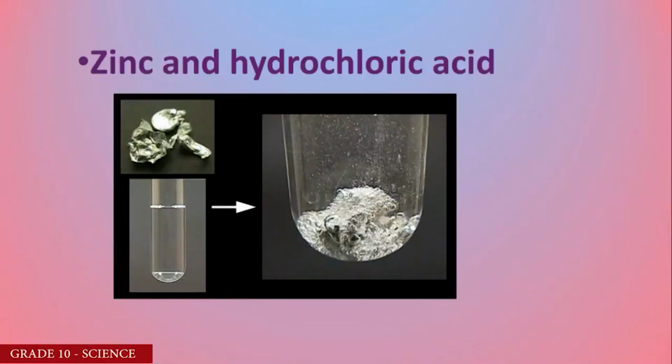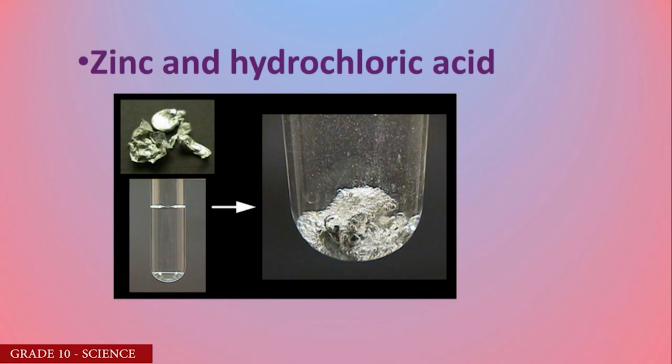The first thing is the reaction between zinc and hydrochloric acid. If we take a test tube with hydrochloric acid and put some zinc granules into it, what happens? In this picture, you can see what happened when we put zinc into the hydrochloric acid.